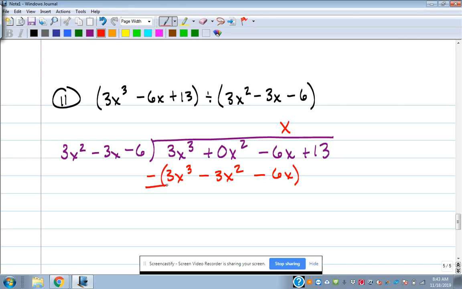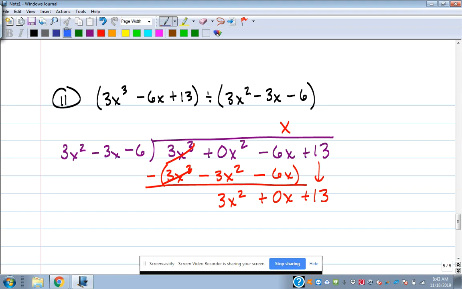Subtract. So the x cubes cancel, and then you're going to have a positive 3x squared. That's really plus 0x and plus 13. So I dropped down the plus 13. That's where that came from.